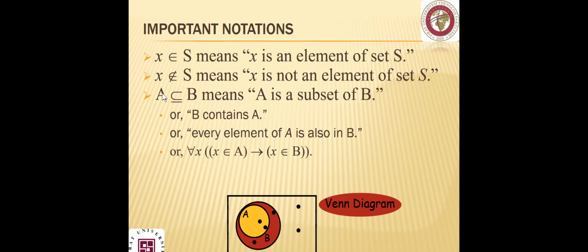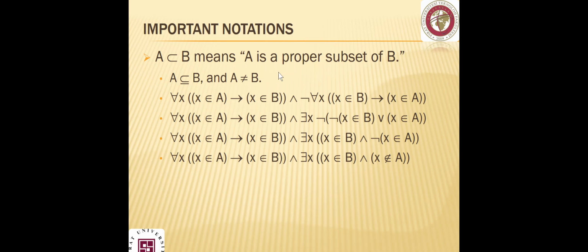But there may not be any element in A that is not in B. B contains A, in other words. Every element of A is also in B. You can define it as a predicate like this: for all X, X is an element of A implies that X is also an element of B.